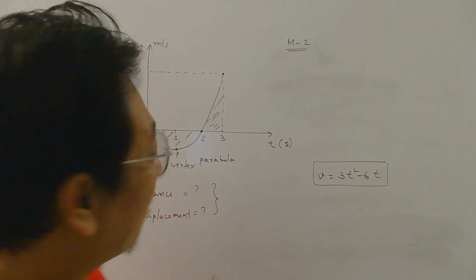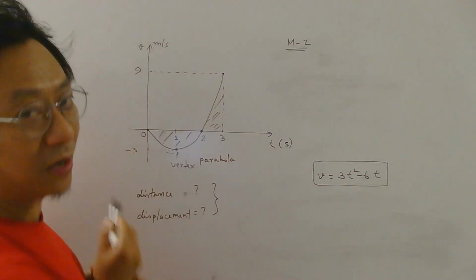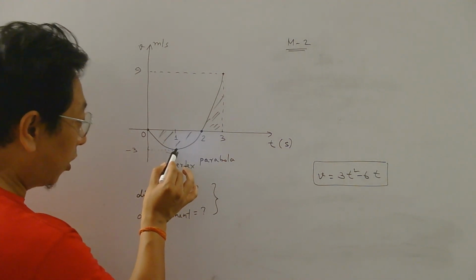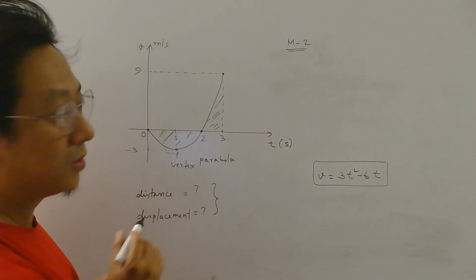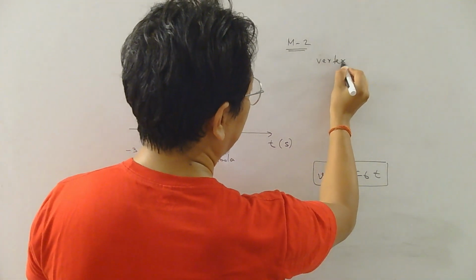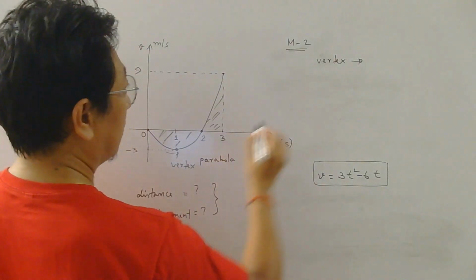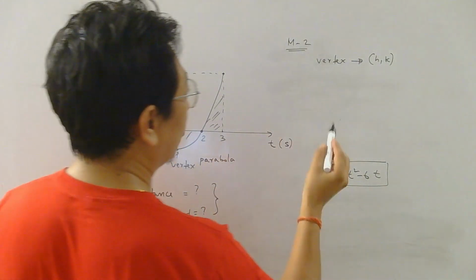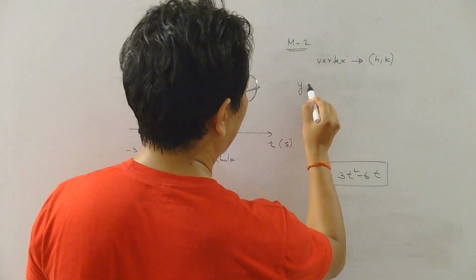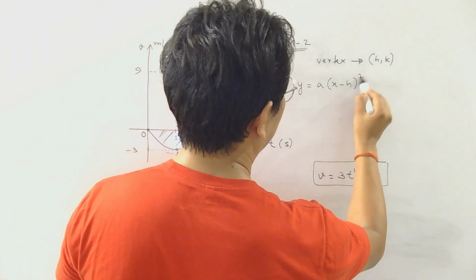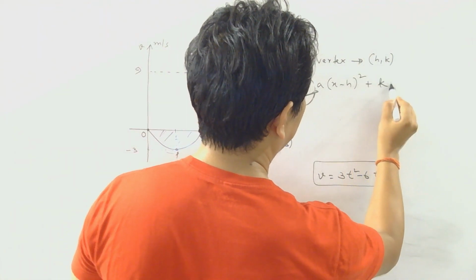Another method to find the equation of this parabola, if you know the graph, is if you know the coordinates of the vertex. If the coordinates of the vertex are h comma k, then the equation of the parabola is y equals a into x minus h whole square plus k.